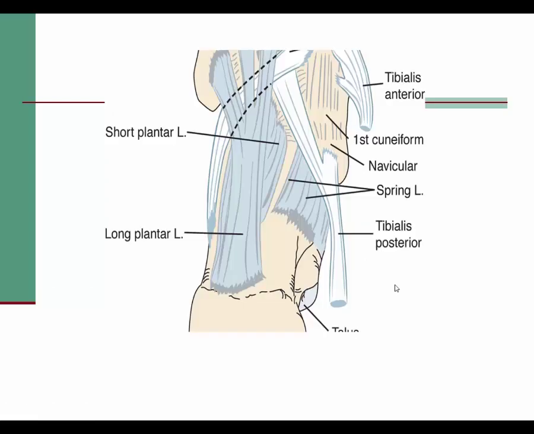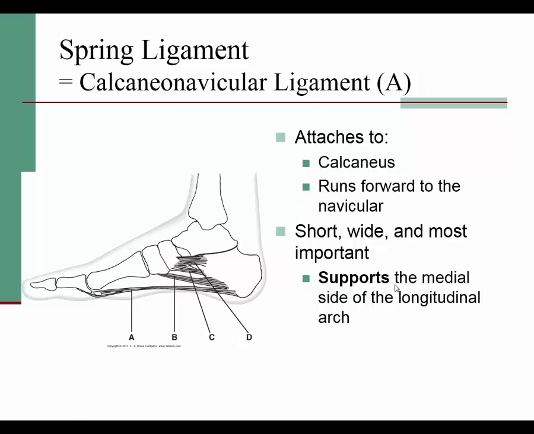The spring ligament attaches to the calcaneus and runs forward to the navicular. It's short, wide, and the most important of the ligaments. It supports the medial side of the longitudinal arch. Make sure you know that. If it's not doing its job correctly, it can cause what's called pes planus, which basically means that you have a flat foot.